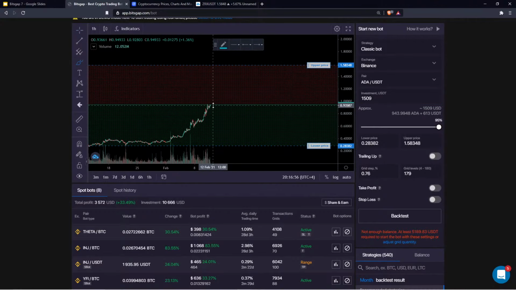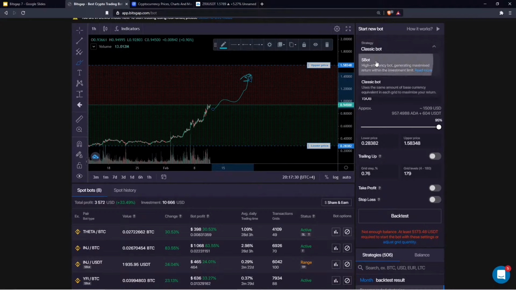So imagine if the price goes higher, that means that the price appreciates, and now in order to buy the same amount of crypto that it used to buy before at lower levels, it has to spend more investment, right? So that's why in case of the classic bot, when the price is moving higher, you basically increase your risk exposure because now you have more base currency.